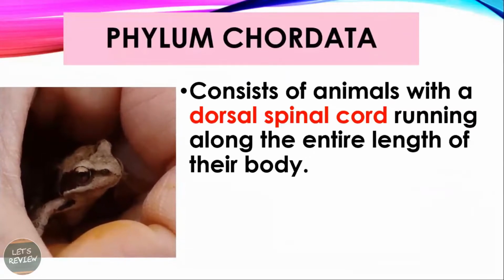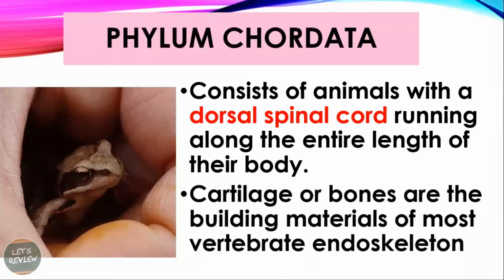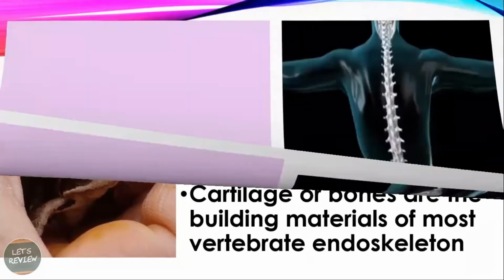You can find that in humans and other animals inside the backbone, the spinal cord connected to the brain to receive messages from the nerves. Cartilage or bones are the building materials of most vertebrate endoskeletons. When I say endoskeleton, the skeleton is inside their body.